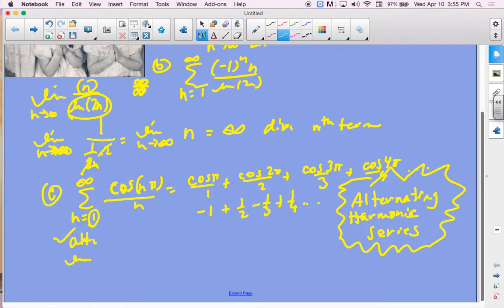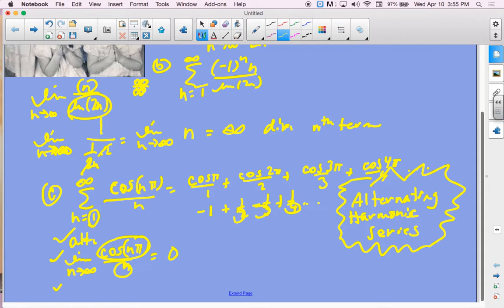Second, if I take the limit of cosine n pi over n as n goes to infinity, it will go to 0, because cosine of whatever pi can only be as high as 1 or as low as -1. Meanwhile, you can see this is growing bigger and bigger as you go. And so it'll be a number over infinity, which would give me 0, so it passes that.